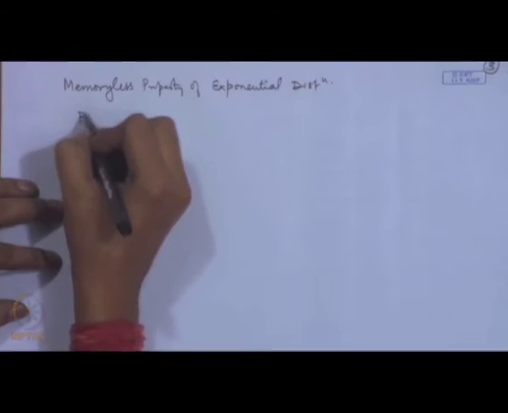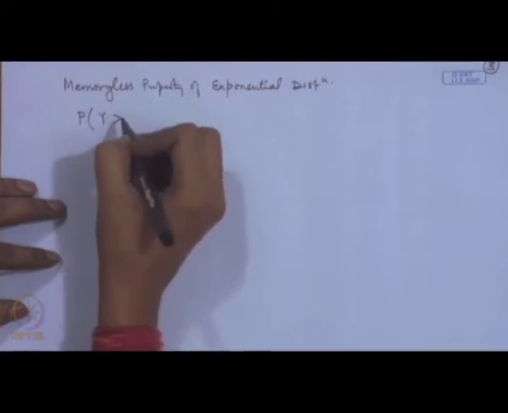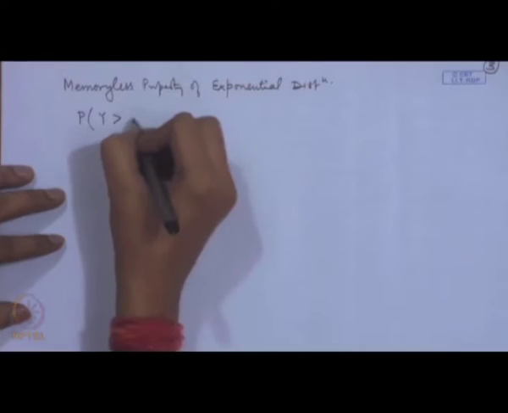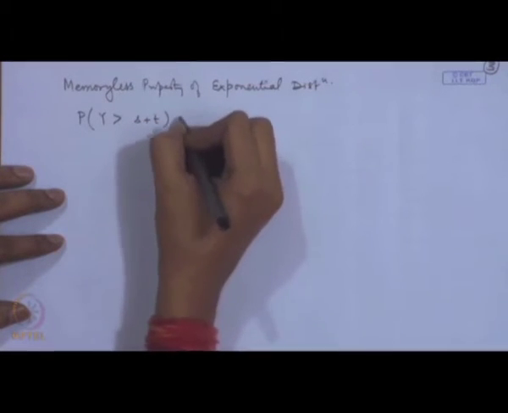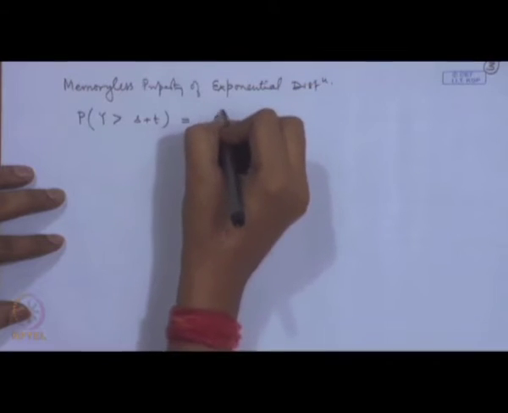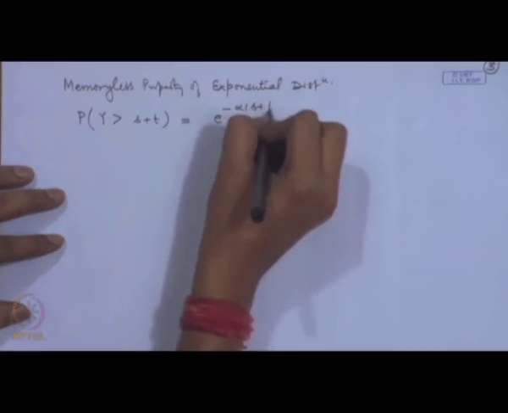Let us consider, say, probability of y greater than s plus t. Then naturally, this is equal to e to the power minus alpha times s plus t.